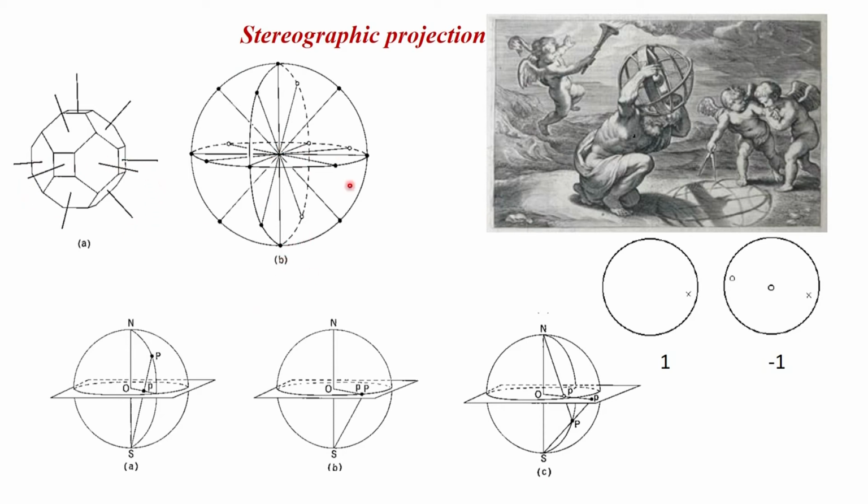So if we see the northern part of the crystal as is shown here, if there is a point P on the northern hemisphere, we take the south pole and connect it to the point P and represent this little p in the equatorial plane as a point, as a closed circle, a little closed circle as you see here. This is the point P, which is now the representation of the projection of this particular point onto the south pole. A similar construction is done with respect to the north pole, and I think we will stop here.